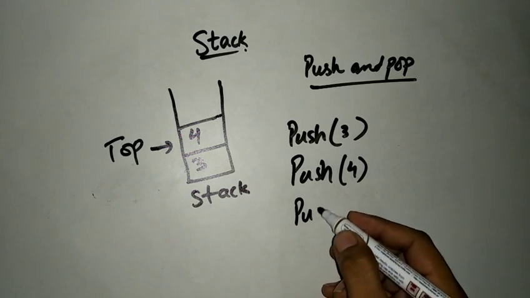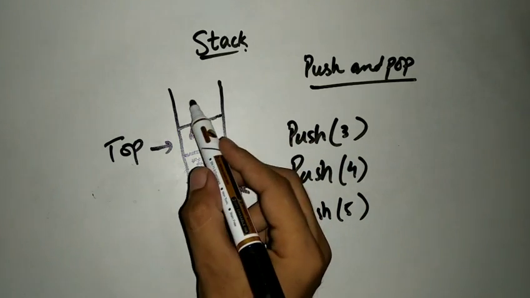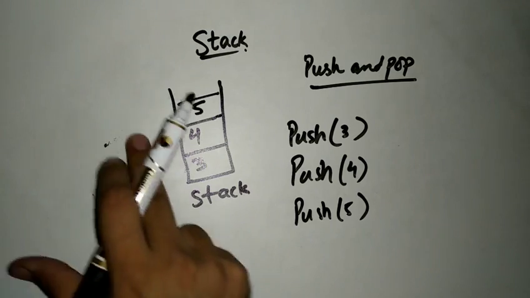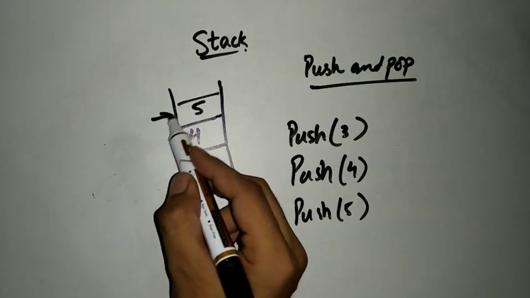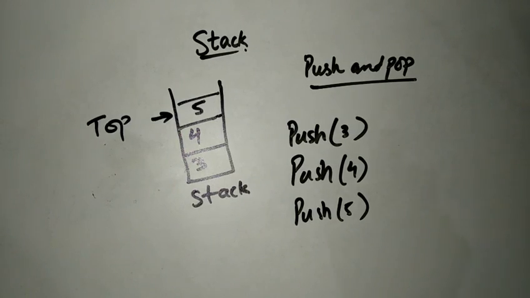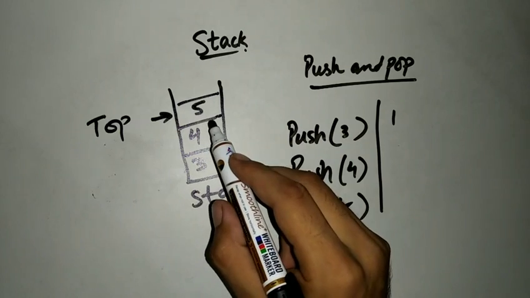If we push 5, it comes at the top of 4 and the top becomes 5. This is push operation. Similarly, if we pop, we can pop the top element.